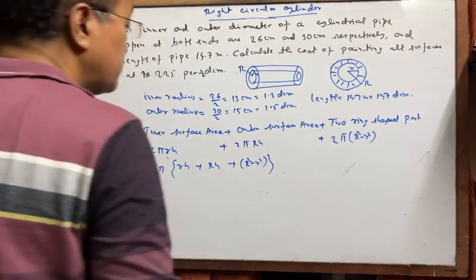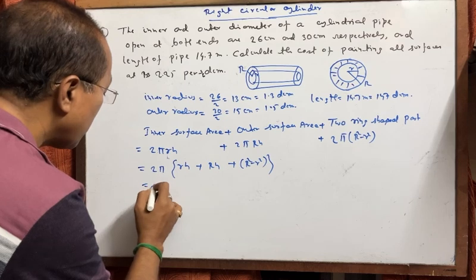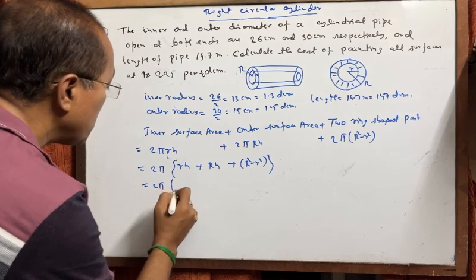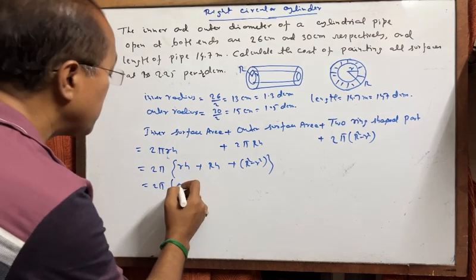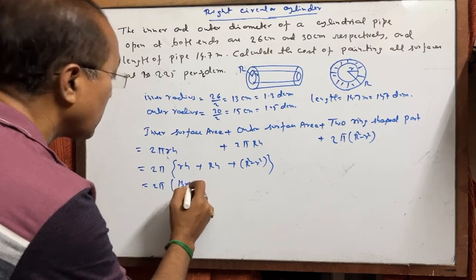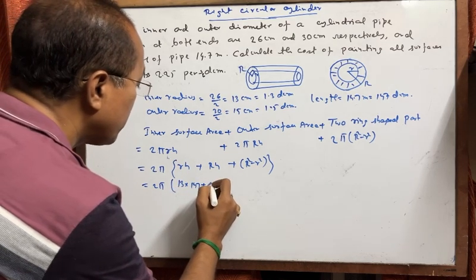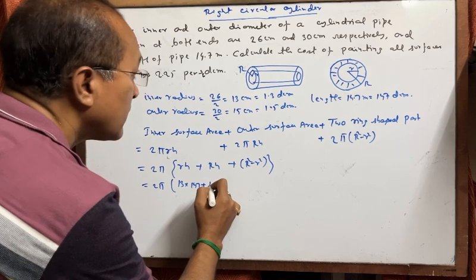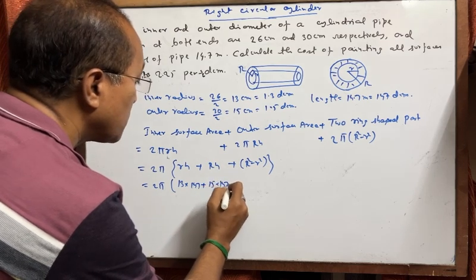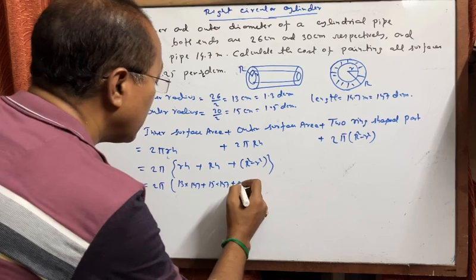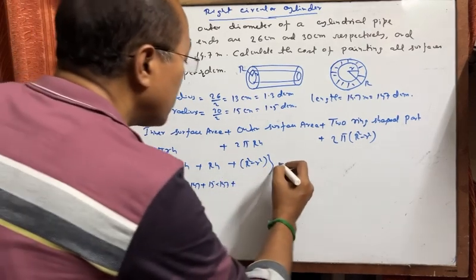It means 2 pi, small rh means 13 into 147, and here it is 15 into 147.